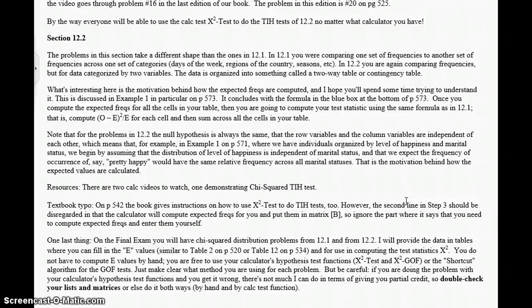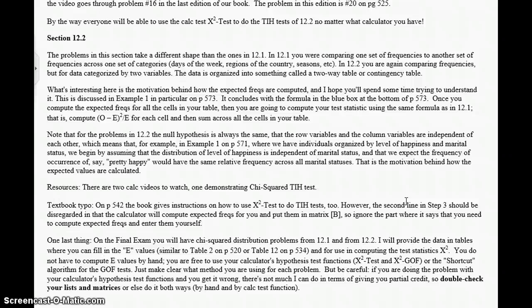The thing in this section that I want to bring up is the technology step-by-step on page 542. Step 1 and step 2 are fine, but then in step 3, they say that you have to calculate steps 1 to 3 to end up getting your information in matrix B. The calculator actually does that for us, so you just skip that step altogether.